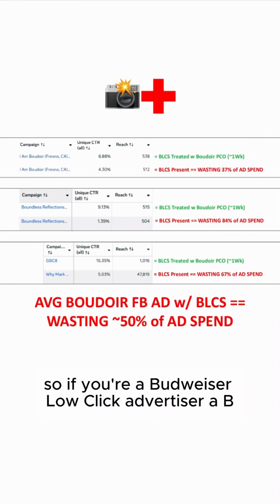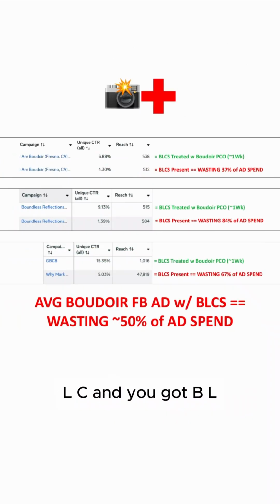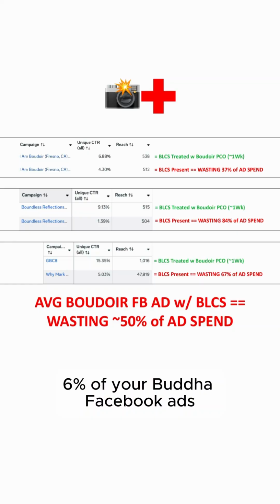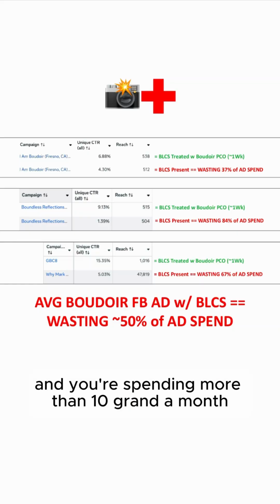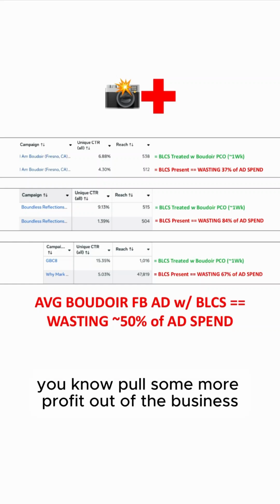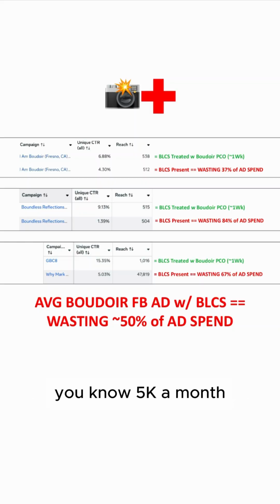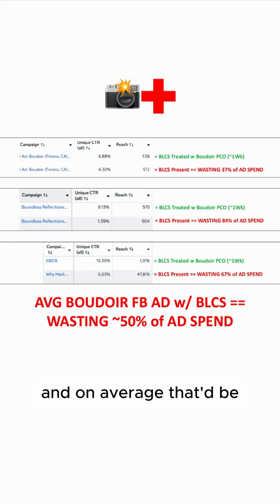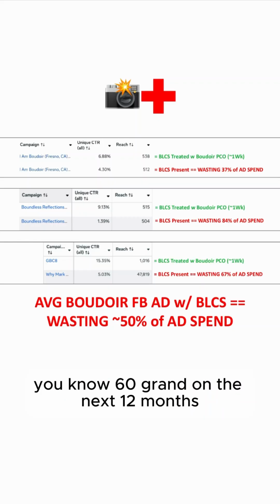All right, so if you're a Boudoir low click advertiser, and you've got BLCS, aka Boudoir low click syndrome, so your unique CTRL is under 6% on your Boudoir Facebook ads, and you're spending more than 10 grand a month on Boudoir Facebook ads, and you want to pull some more profit out of the business. So on average, that'd be like 5K a month in eliminated ad spend back in your pocket, and on average that'd be 60 grand in the next 12 months.